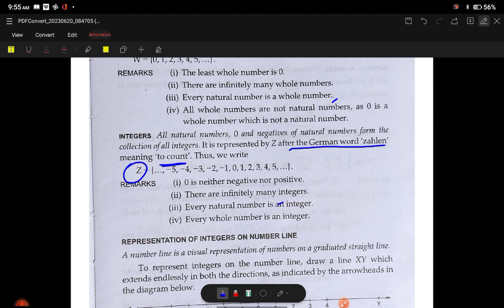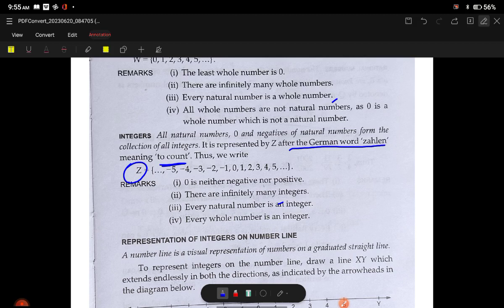When a person introduces a concept for the first time, whatever symbol or name the person wants, he can put.